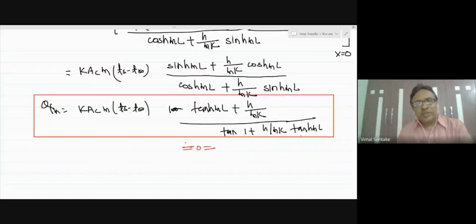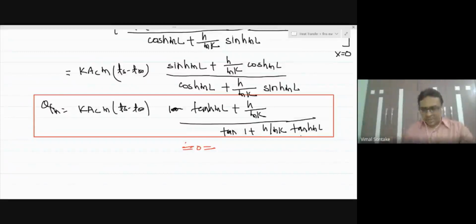And for case number 3, heat transfer from a fin of finite length and losing heat at the tip by convection. So for all these three cases, we could find out the temperature distribution equation and rate of heat transfer from each type of these fins when they are attached to the base surface.